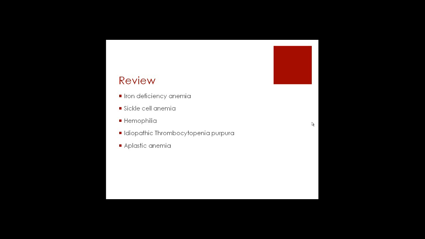And then the hemophilia, the clotting factor was the problem, which caused bleeding. For ITP, it's an autoimmune attack against your own platelets. So that's why you have a low level of platelets. And then aplastic anemia is also thought to be autoimmune, where your bone marrow just doesn't produce enough red blood cells, white blood cells, and platelets. So it's kind of in summary.